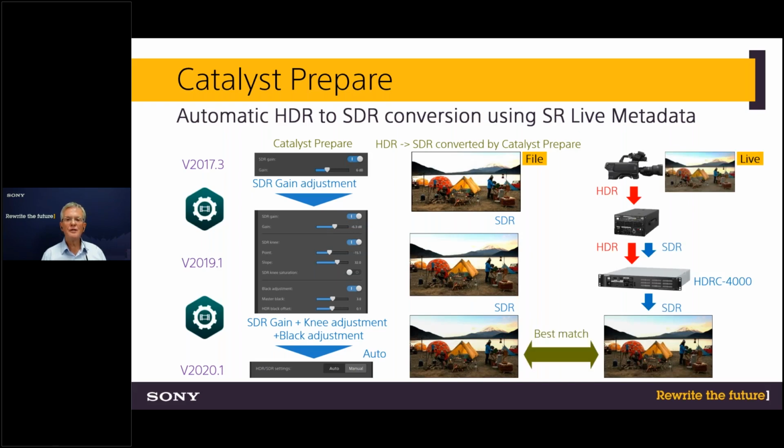This compares very well with the SDR image, which is derived live from the HDR live camera feeds, as we can see on the right side of the image here. So an almost immediate benefit of using the SR Live metadata system within a post-production environment, which is using Sony's Catalyst system.